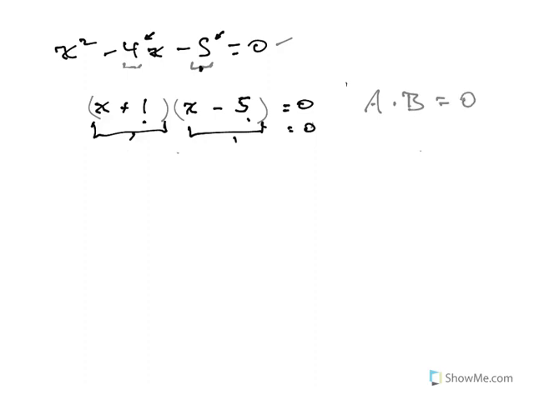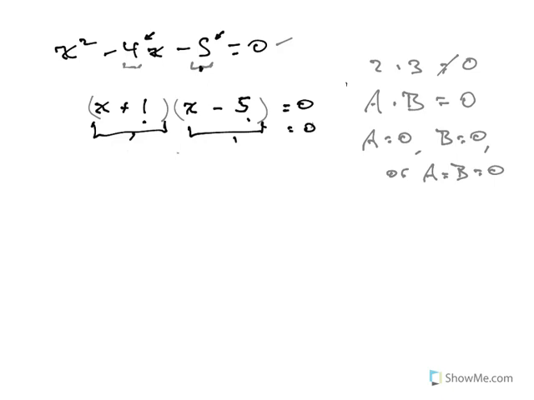And then think, okay, what must a be and what must b be in order for this to be true? Well, the only way two numbers multiplied by each other can be 0 is either a equals 0, b equals 0, or both a and b equal 0. Right? If this is 2 times 3, you're not going to get 0. Either a has to be a 0 and b can be anything, or b is a 0 and a can be anything.